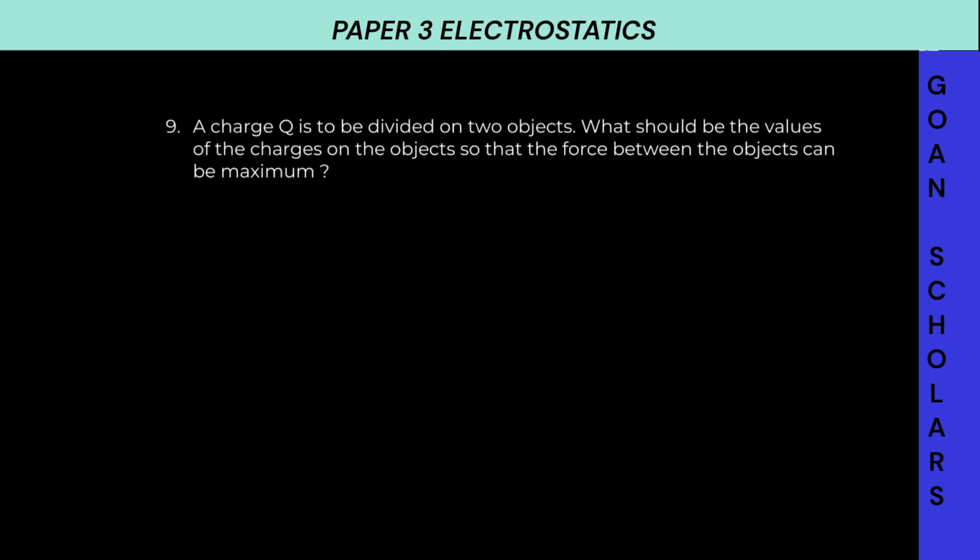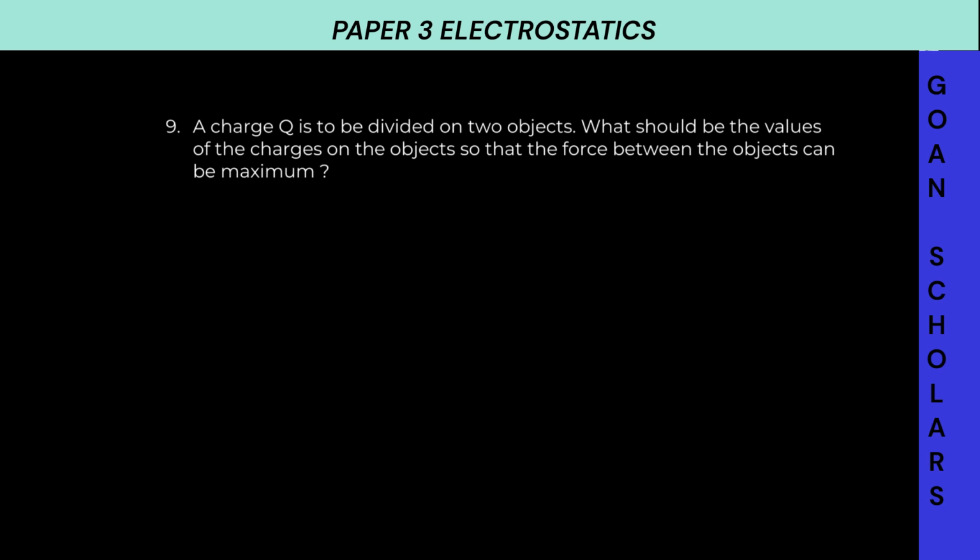The first thing is, if some quantity is maximum or minimum, its first derivative, first differentiation, is equal to 0. If it is maximum, then the second derivative will be negative, and if it is minimum, then the second derivative will be positive. Only these things you have to remember, but we will not go into the second derivative in this particular problem. We will just focus on the first derivative.